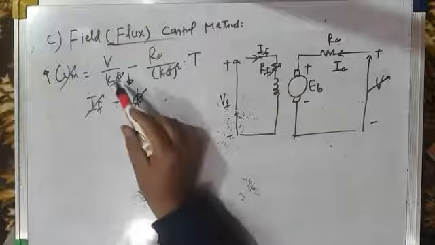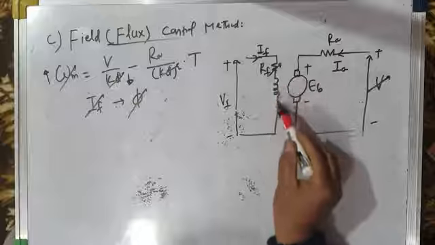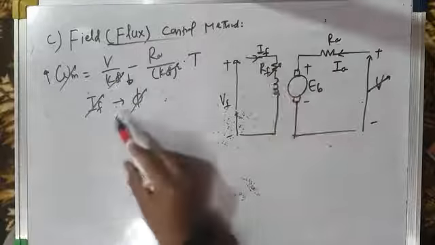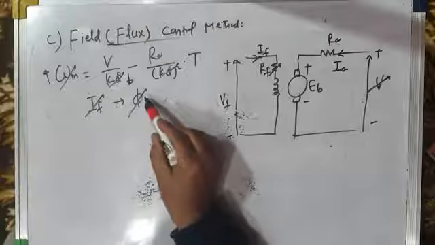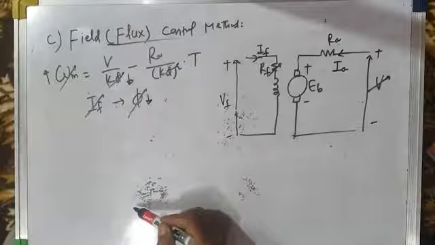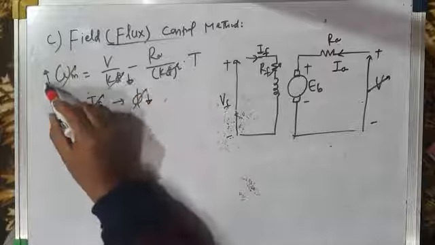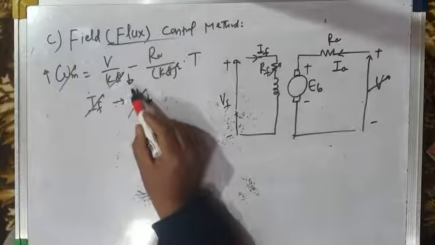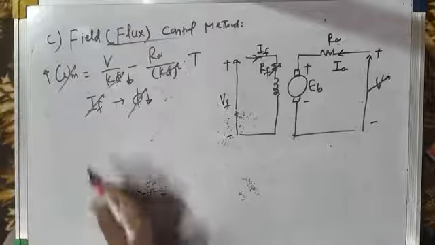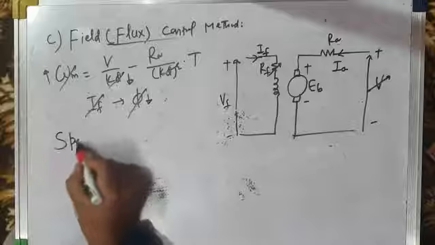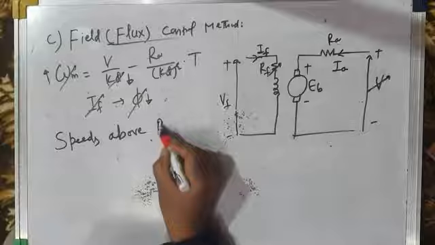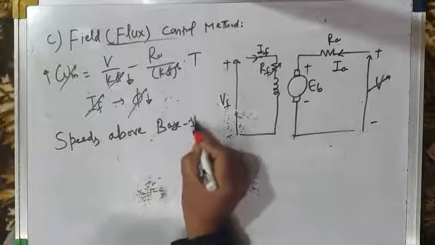At base speed, flux is rated, and by putting resistance in series with the field circuit and reducing the field current, you are reducing the flux below the rated value. When flux reduces, the speed increases. At rated flux, the speed was the rated or base speed, and at reduced flux, the speed is greater than base speed. So speeds above base speed are obtained by this method.